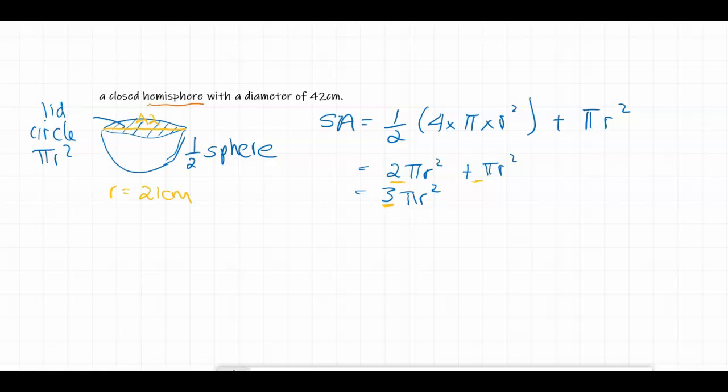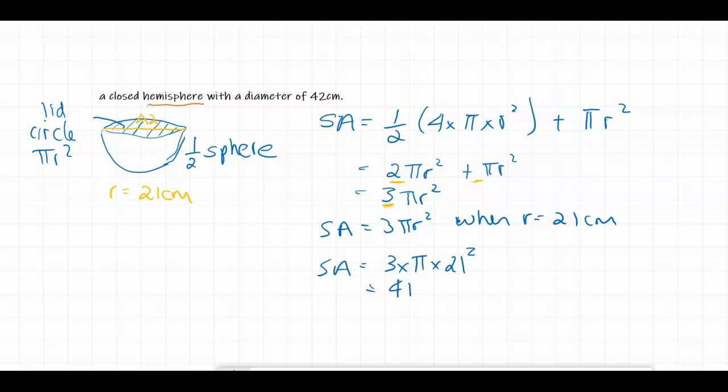I can substitute: the surface area equals 3 pi r squared when the radius is equal to 21 centimeters. So the surface area is going to be 3 lots of pi, lots of 21 squared. And that comes out to 4,156.32 centimeters squared. All right, so I hope that helps.